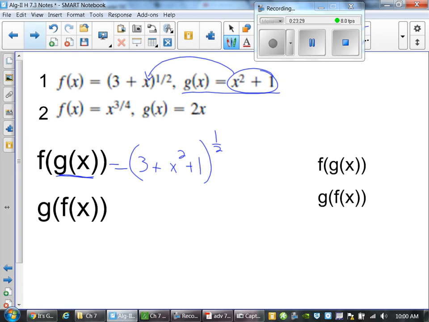And now I combine. I get x squared plus 4 all to the 1/2 power. Which means you distribute that exponent to both parts. X squared to the 1/2 is what? X. 4 to the 1/2 is?